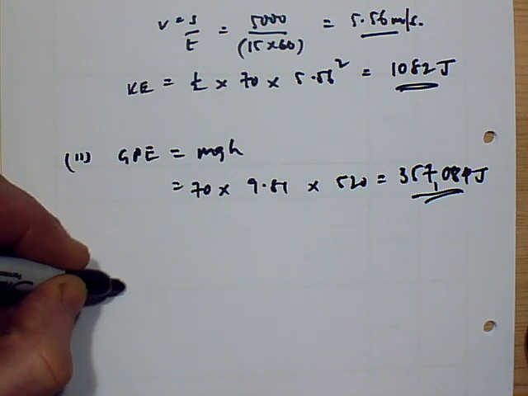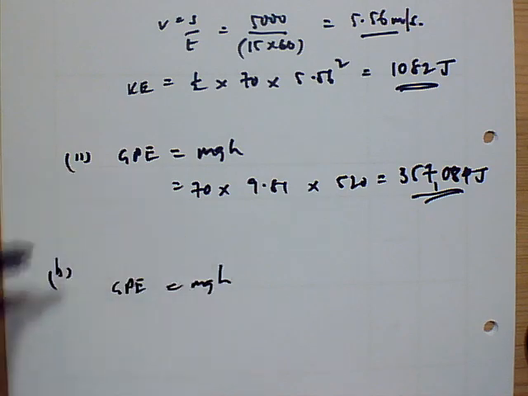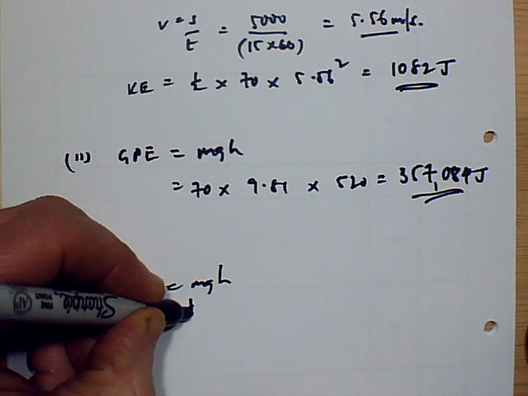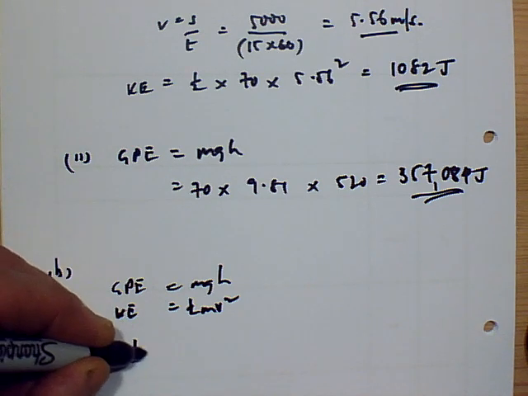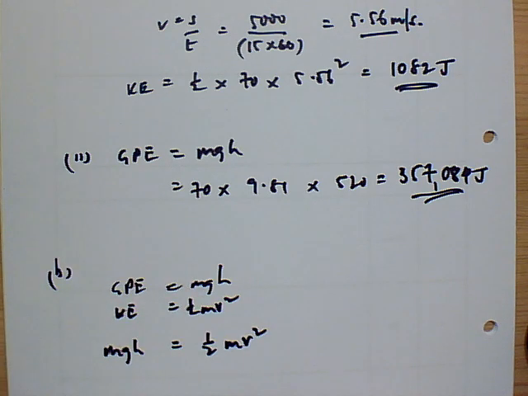Well, the formula here is that GPE equals mgh, gravitational potential energy is that, and kinetic energy is half mv squared. And in this situation, in the ideal situation, all of the gravitational is turned into kinetic energy, so therefore mgh equals half mv squared. And we can do some cancelling here.